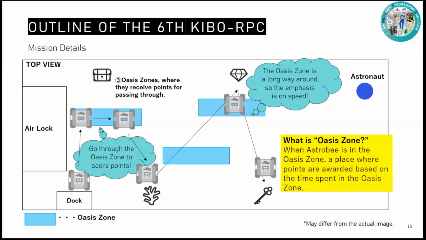So participants must strategically plan their routes, considering whether to navigate through this oasis zone or take an alternative path. Passing through the oasis zone means you get more points, so it can be really advantageous. For more detailed information about that, please refer to the rule book, which is scheduled to be released on April 1st.